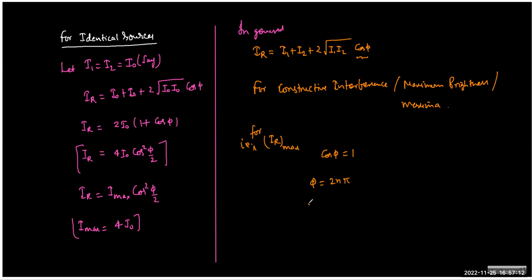And we know this is the phase difference. You can add phase differences. In general, we add 2 pi by lambda delta x. Yes, sir.